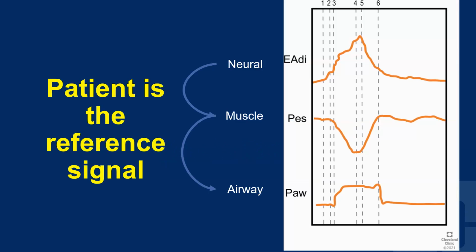In a mandatory breath, the machine controls either the trigger, the start of the breath, or the cycle. This is a source of confusion throughout the literature, because some people think that the patient is breathing spontaneously because it's triggering the breath. However, if the ventilator is cycling it, then this is called a mandatory breath. This is key for us to be aligned when we're describing the breaths that we're going to see.